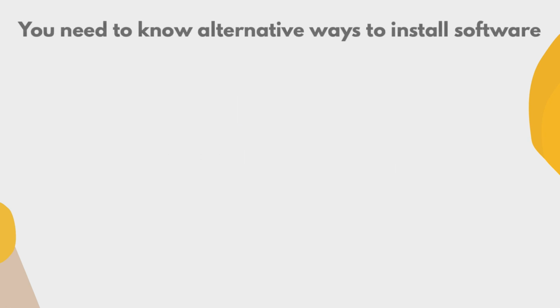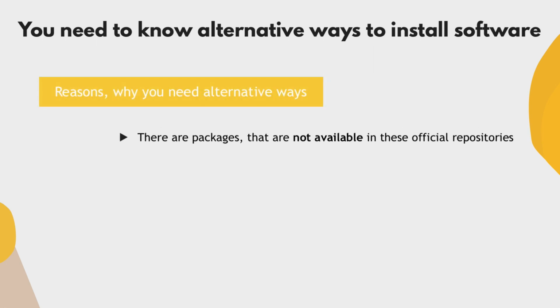However, there are exceptions when you can't install a certain software using the apt command from those official repositories. Why? Because sometimes you may need a package that is not in these default official repositories, or maybe the package is there, but it's an older version and you need the latest one.